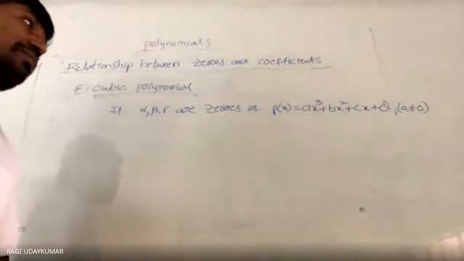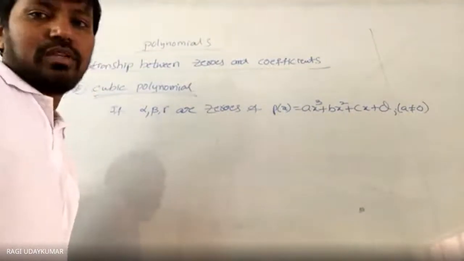Ax cube plus bx square plus cx plus d, where a is not equal to 0.